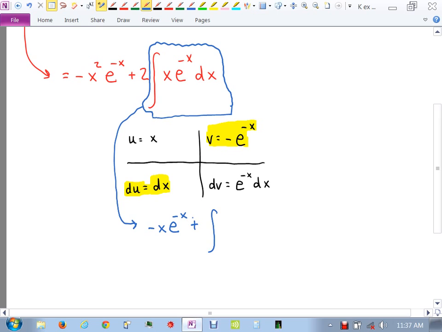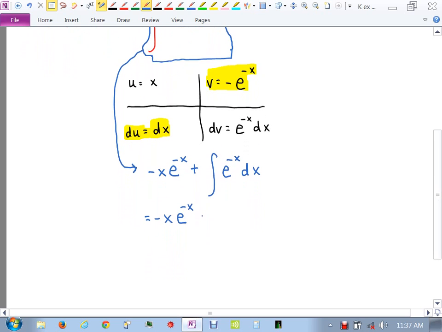It's going to be plus because of that negative that was sitting in front of the e to the negative x. And then what's still in here? e to the negative x dx. What's the antiderivative of e to the negative x? Negative e to the negative x plus a constant.